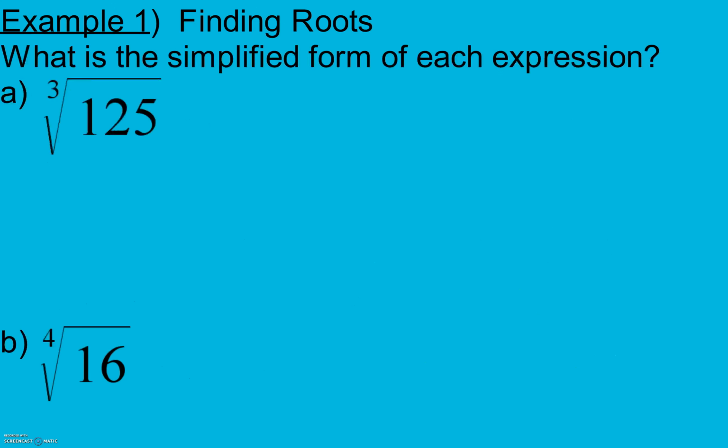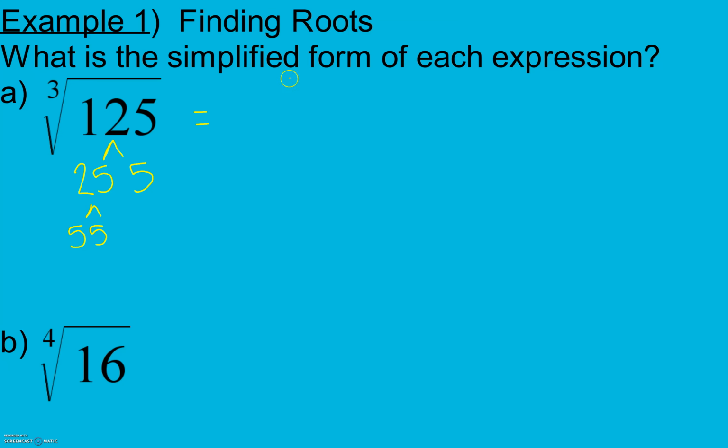In example 1, we're finding roots. What is the simplified form of each expression? So here we're going to simplify these similarly to how we did them when we had like 9 raised to the 1/2 power. I'm going to break down the 125 into its prime factors. 25 times 5 gives me 125, and 5 times 5 gives me 25.